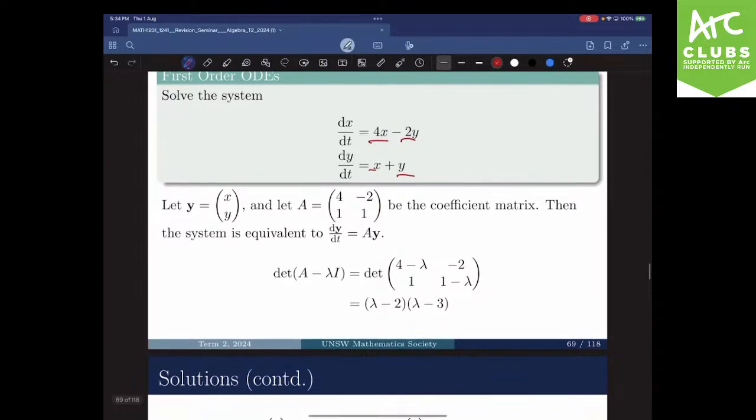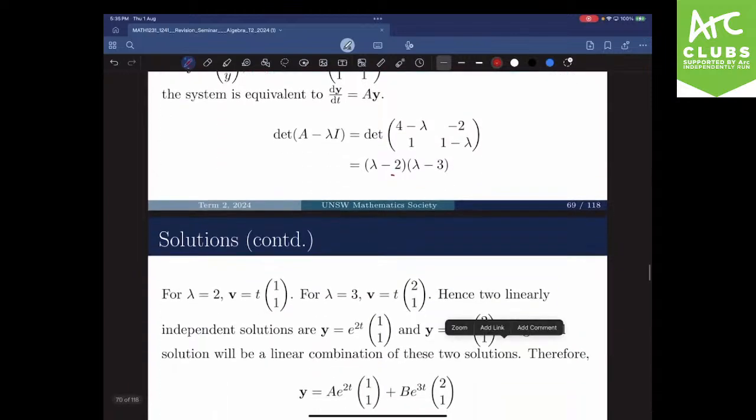We can solve for the characteristic polynomial of this matrix A. We get that it's equal to lambda minus 2 times lambda minus 3. And thus we get two eigenvalues, lambda 2 and lambda 3. We can find corresponding eigenvectors for them, which are 1, 1, and 2, 1.